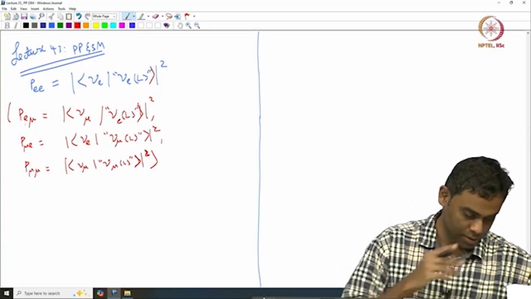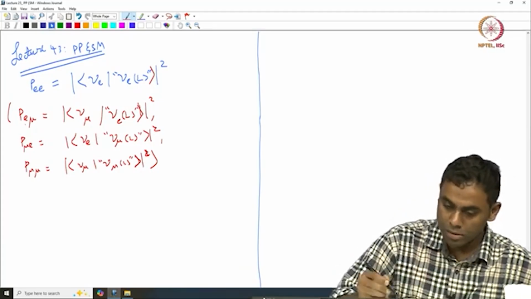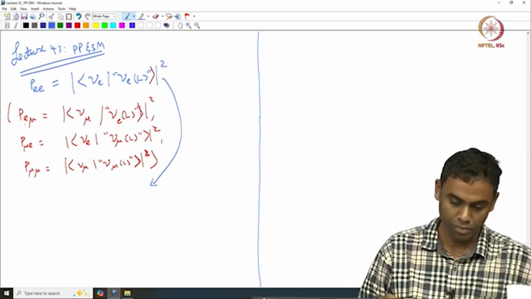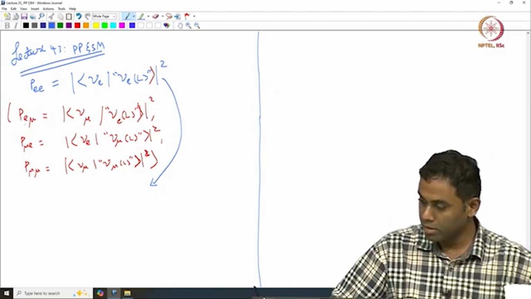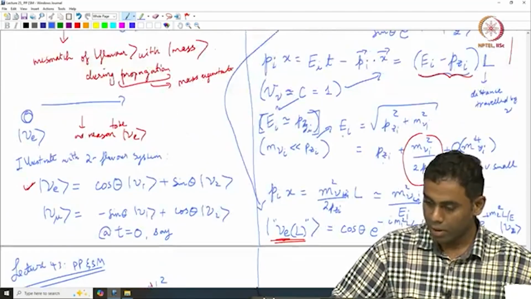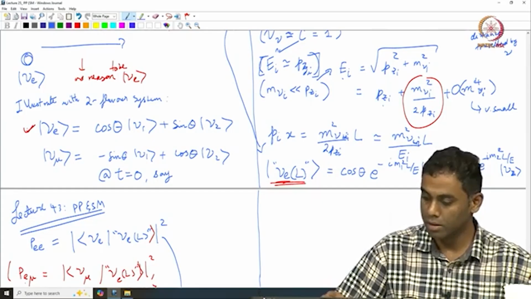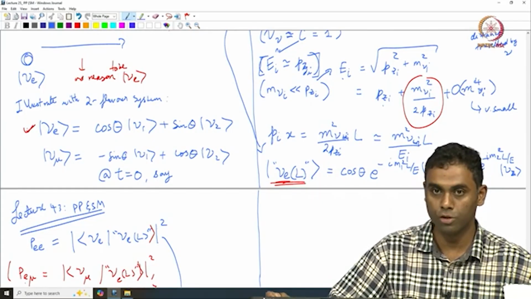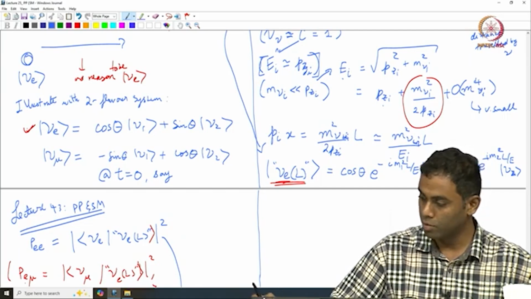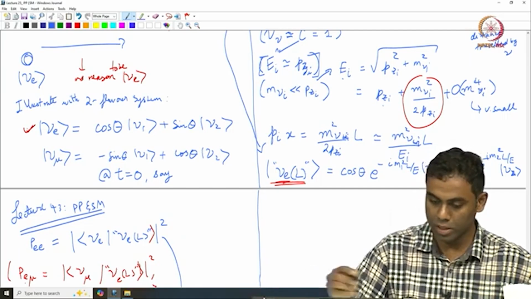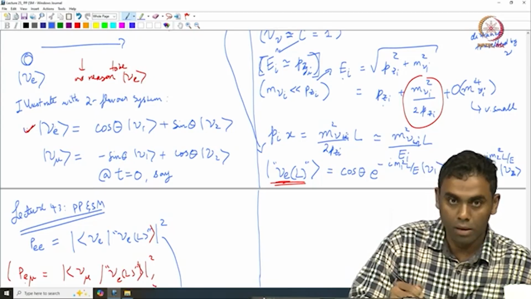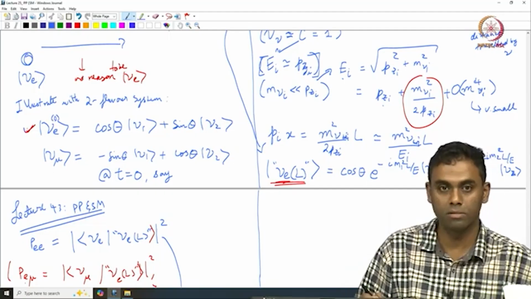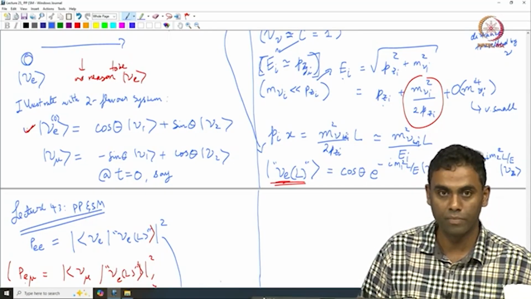Okay, so now let's go back to blue color and ask what this is. How would I write this? I have now expanded the nu E of L within quotes in terms of this basis, nu1 and nu2, which is the mass basis. So might as well use the same basis for the unevolved state. So this is nothing but nu E of 0, but I'm writing the time label here.